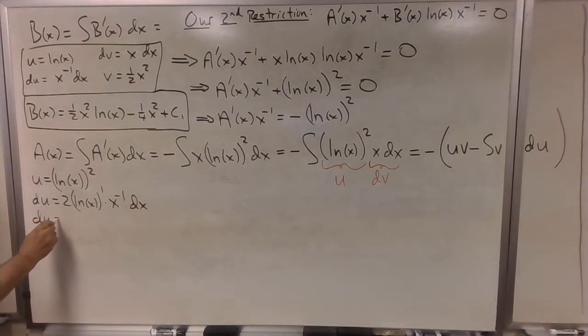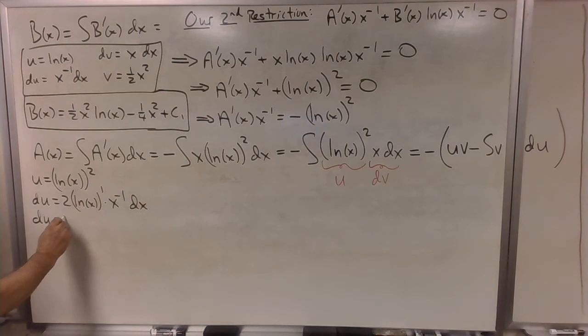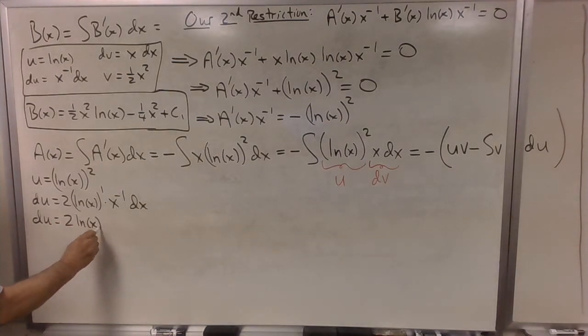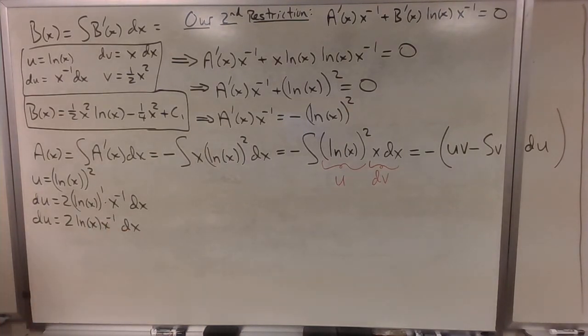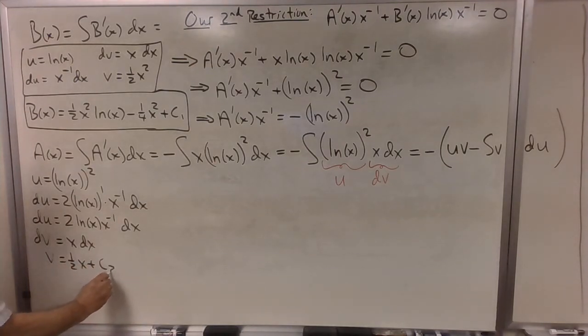So du is 2 natural log of x, x to the negative 1 dx. And what about v? dv is x dx. If we integrate both sides, we get v equals 1/2 x squared plus c2.